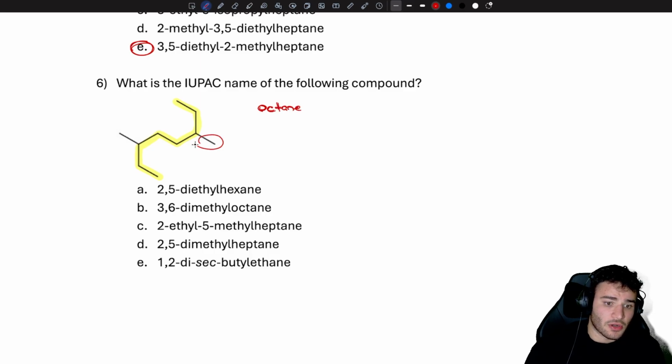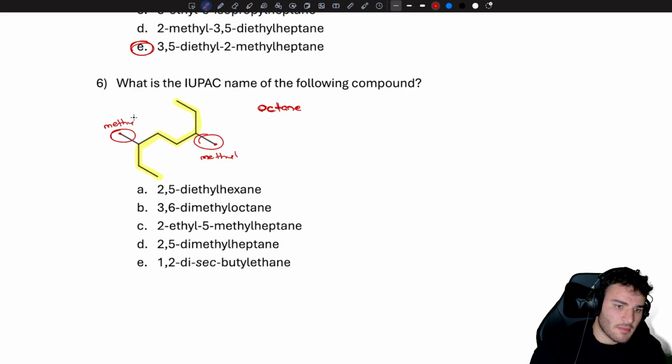Okay, let's circle our substituents. This one has only 1 carbon, so we call this a methyl. This one also has only 1 carbon, so again we'll call this a methyl group. And now let's figure out how to number this molecule. If we number from this way to that way, we'll call this 1, 2, 3, 4, 5, 6, 7, 8.